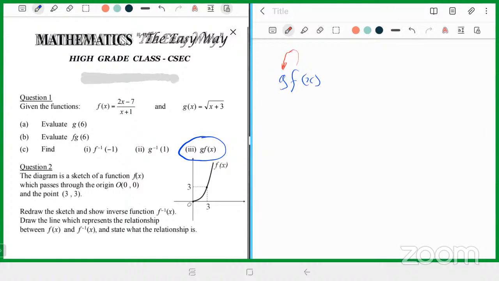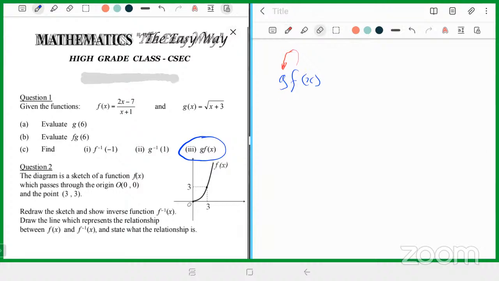Remember, g of f means f followed by g, right? So to calculate the composite function g of f, you substitute the f into the g. This one, which is the first one, into the second one, all right?